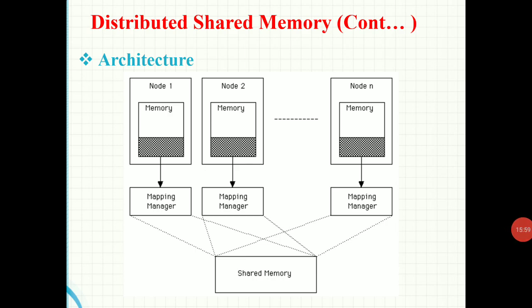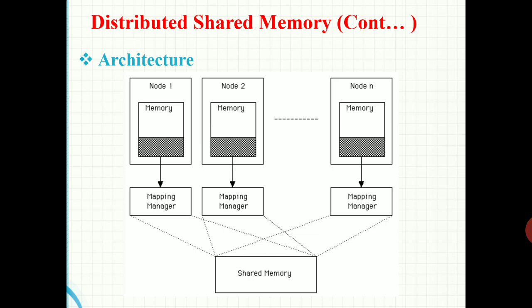The memory mapping manager routine in each node maps local memory onto the shared virtual memory. That is, each and every node has a primary memory, that is main memory, and part of the main memory block is used as a shared memory. For the mapping operation, the shared memory space is partitioned into blocks.